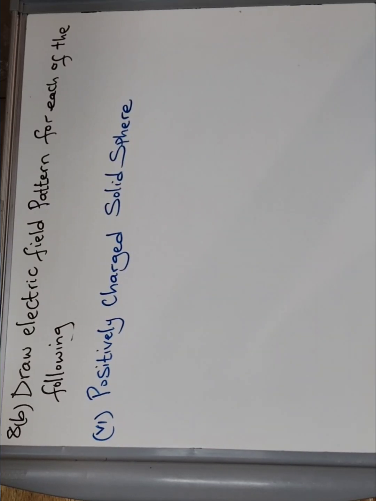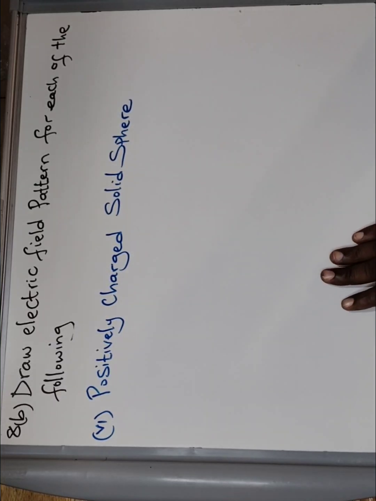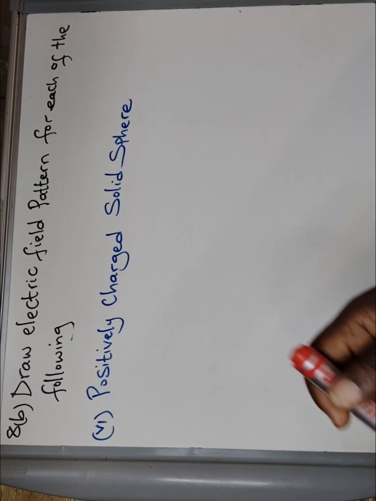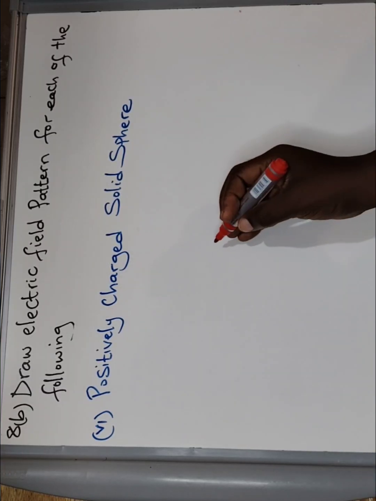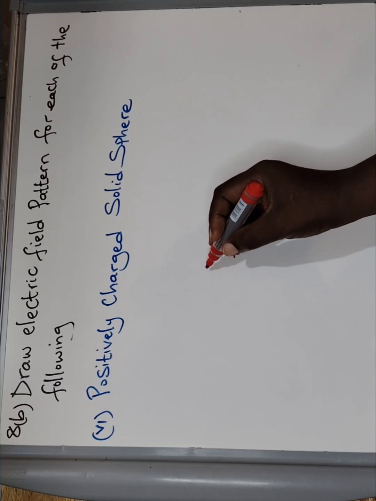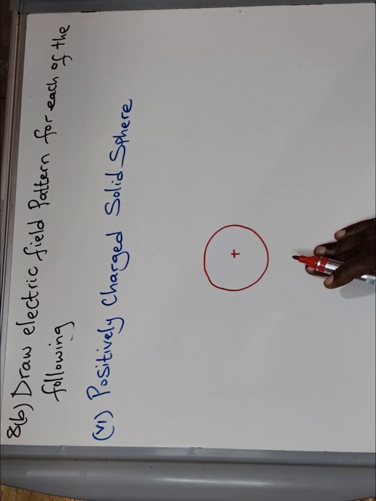So there we are. Electric field pattern for a positively charged solid sphere. So what are we having here? We are having a sphere which is solid. All of it is solid and is positively charged. How does the flux look like?